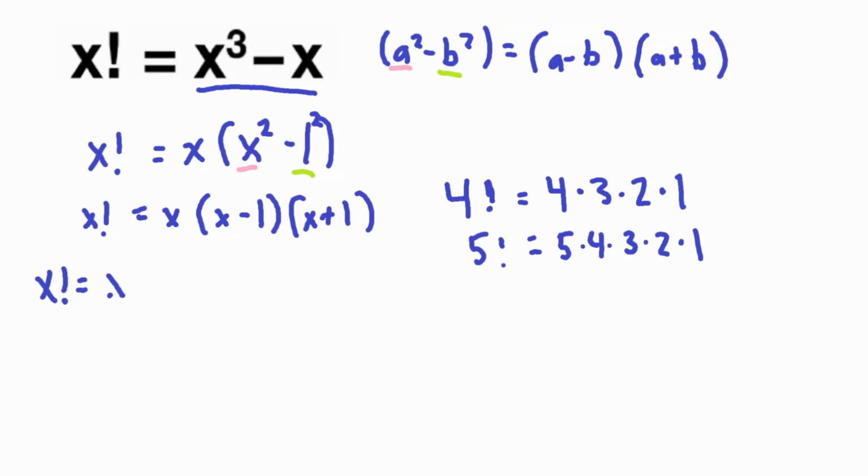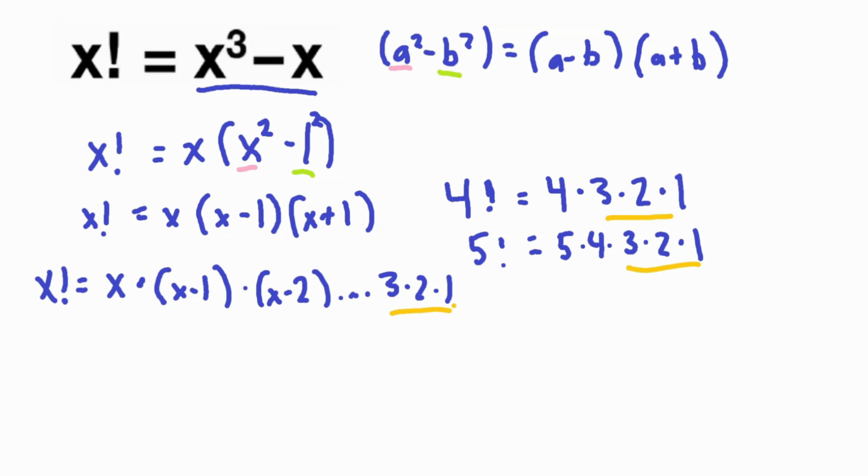X, since x is the first value that we have, times x minus 1 times x minus 2, and so on, until you have the final values of 3 times 2 times 1, because it always ends in 3 times 2 times 1. So this is what the format looks like. Of course, it depends on how big your x value is. The bigger your x is, the more integers you have to multiply. So this is just a blueprint for it.